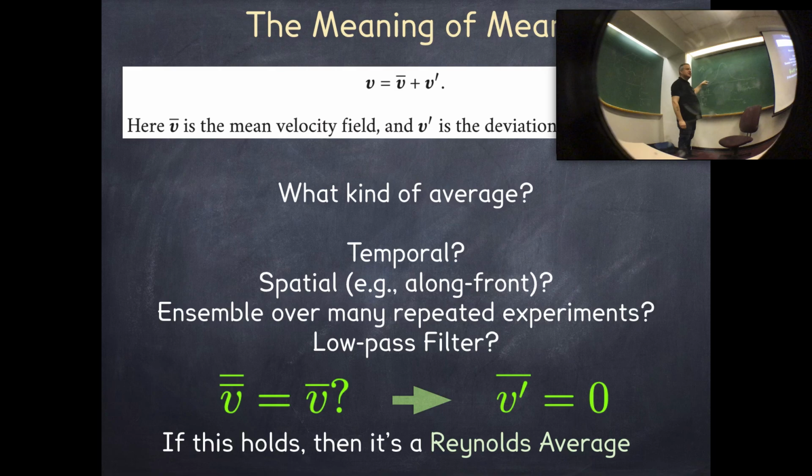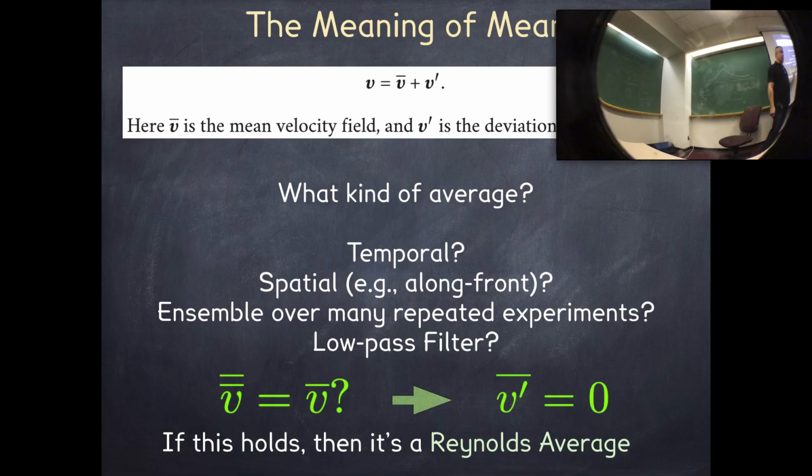So these means are all different. This one is useful when we're homogeneous in time. This one is useful when we're homogeneous in, say, x. This one is useful if we're not homogeneous in either, but we still want a Reynolds operator. And this one is what you use when essentially all of those fail and you don't have a Reynolds average. You have to do something a little bit different.